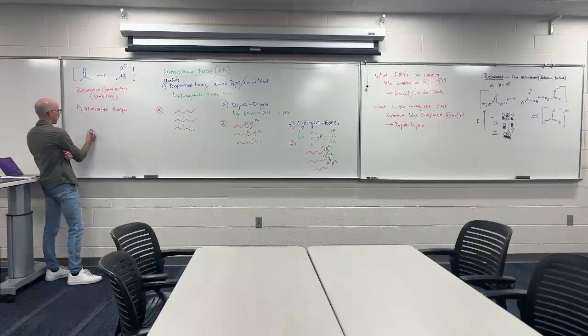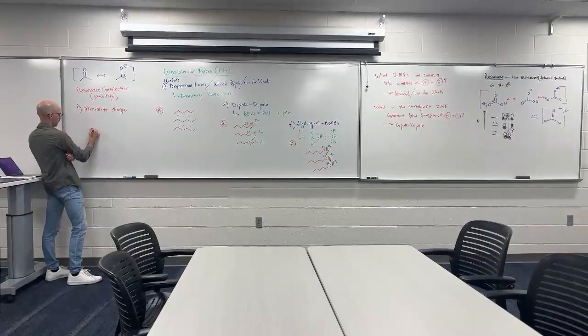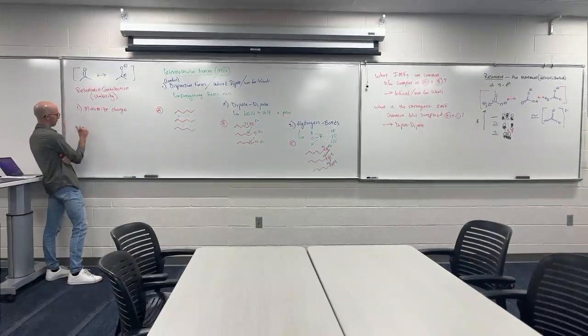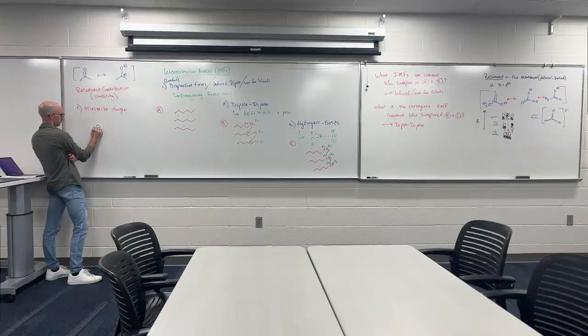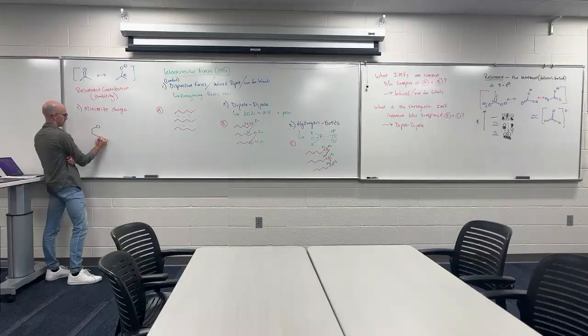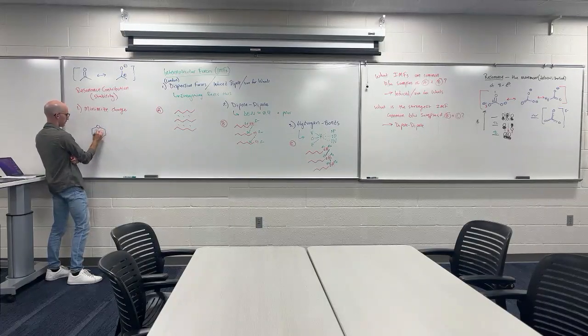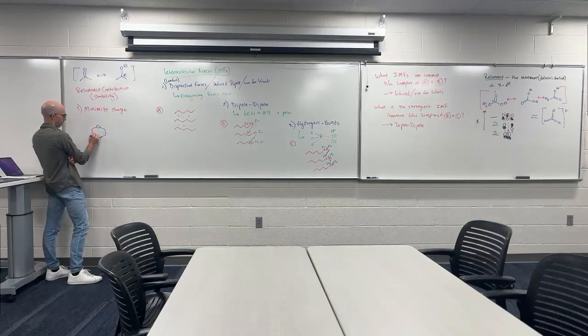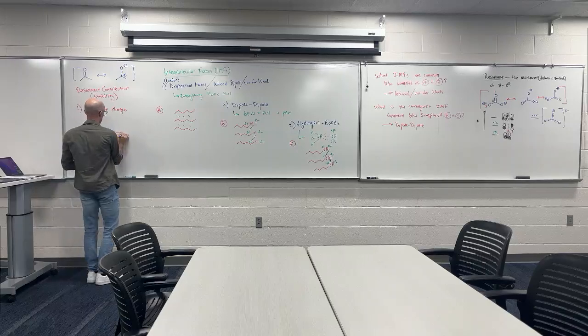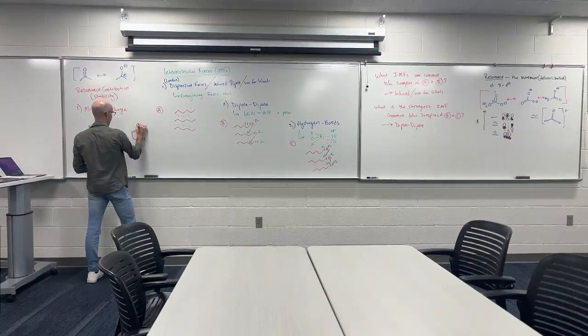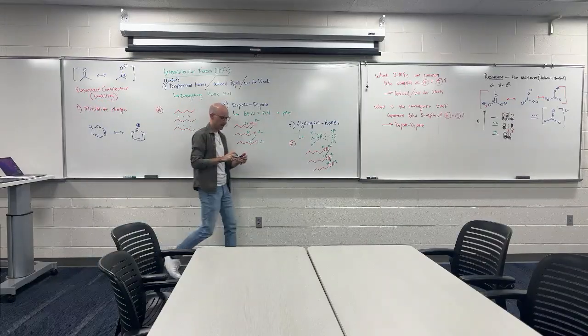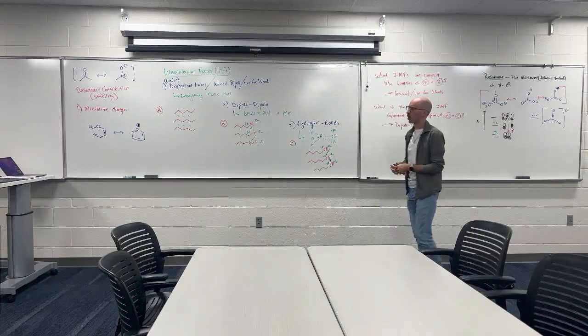Here's another example of a compound. And this compound exists in nature. This is a natural organic compound. That's a 6-membered ring with oxygen at the top of it and a positive charge on the carbon to the left.